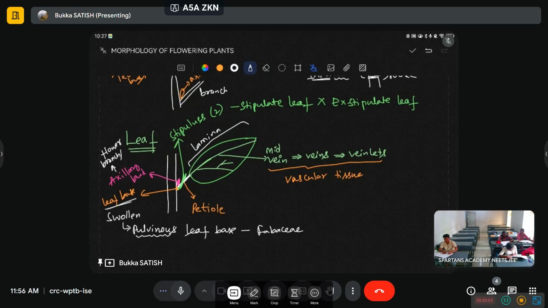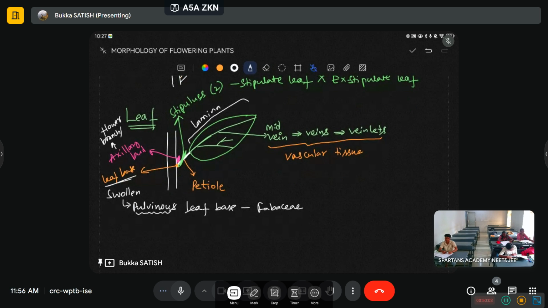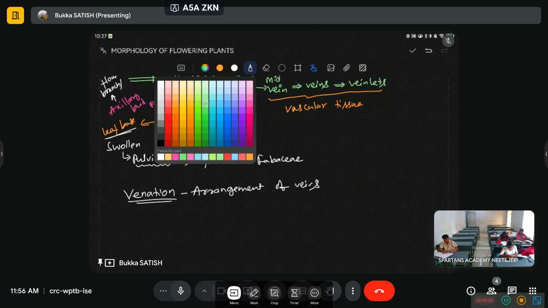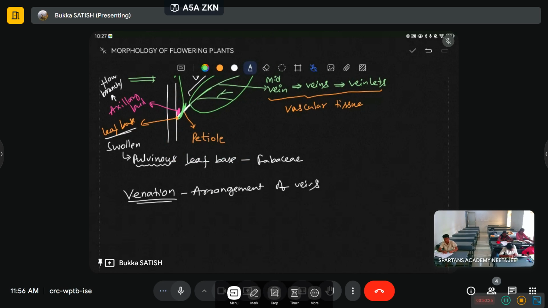Next, this arrangement of veins is what we call venation. Venation is the arrangement of veins. There are two possible arrangements of veins you can see. One is like this.